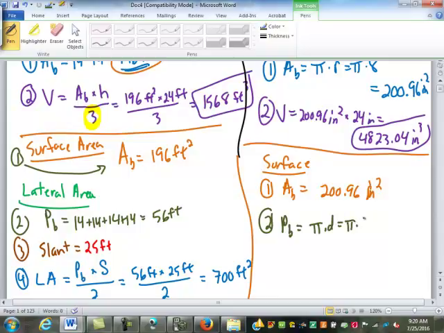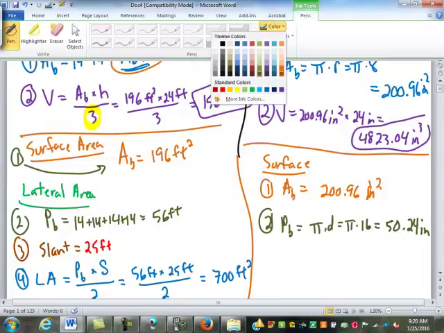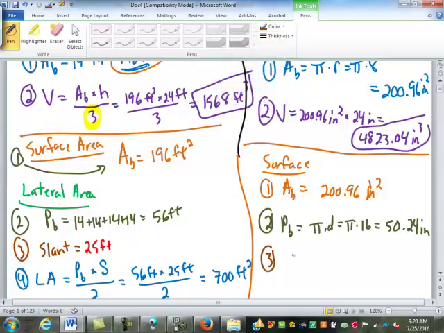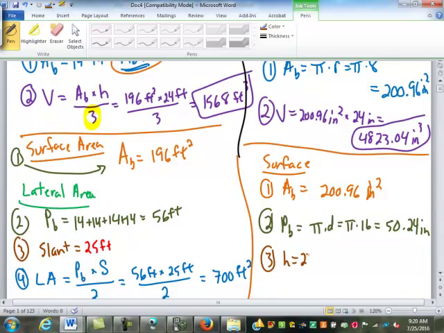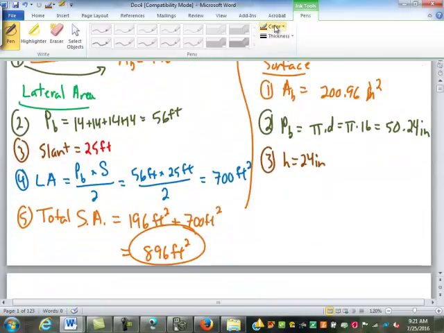So that'll be pi times 16 inches, which is going to give us 50.24 inches is the perimeter of our base. Do we need a slant? No. We're just going to use our regular height, which is 24 inches. So there was nothing for us to figure out there. Since this is a regular solid, the height is equal to the slant of the surface.